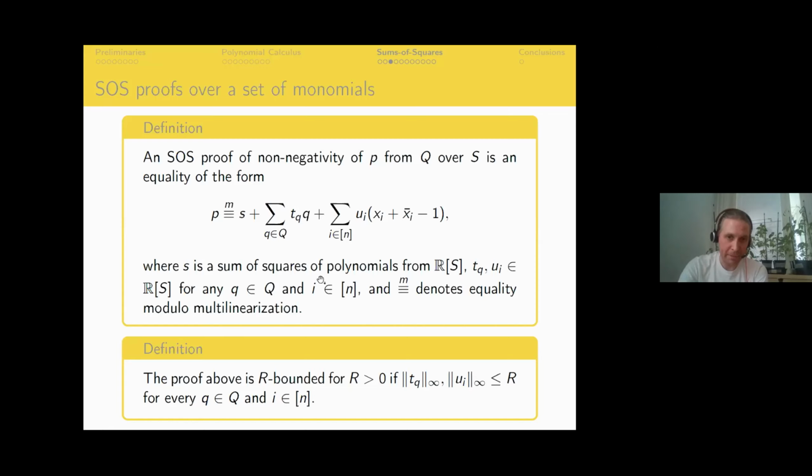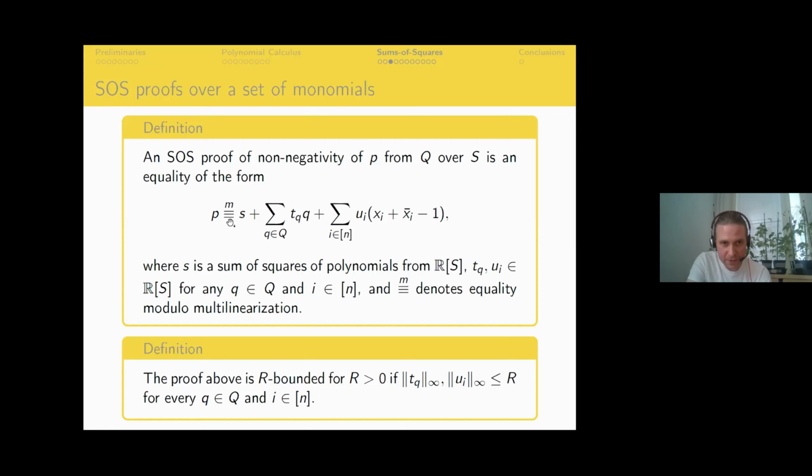And we say that this proof above is R-bounded. So here comes the bound that we need to basically shrink the initial ellipsoid. If the coefficients in these lifts of the axioms are bounded by R in absolute value.